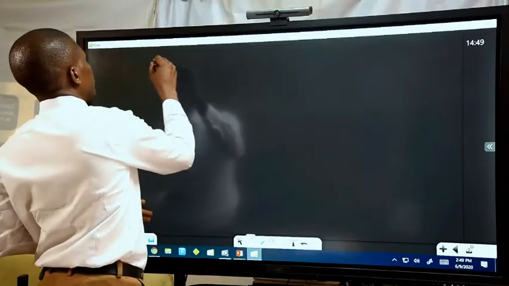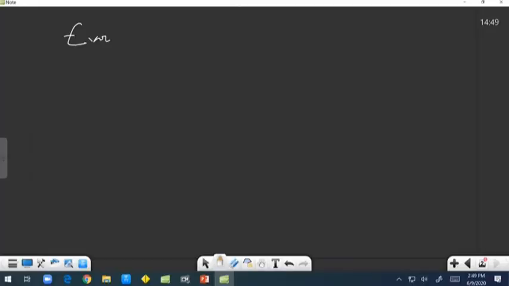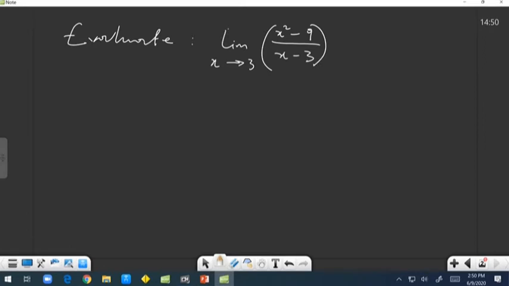For example, you are given this: evaluate the limit, as x approaches 3, of x squared minus 9 divided by x minus 3. What will this give?